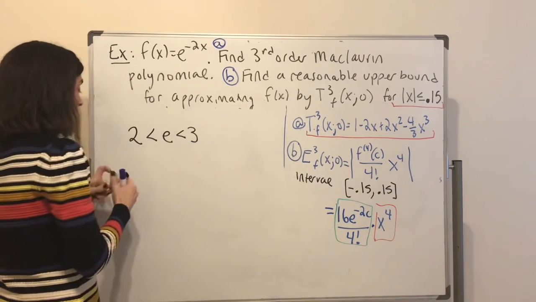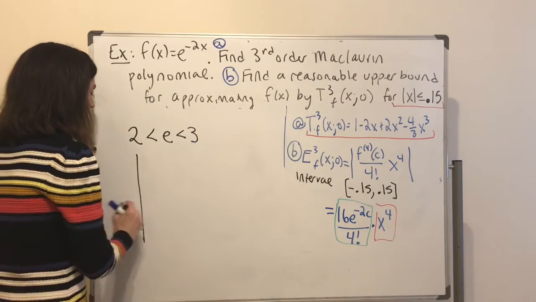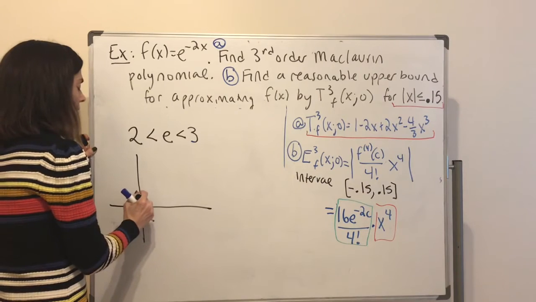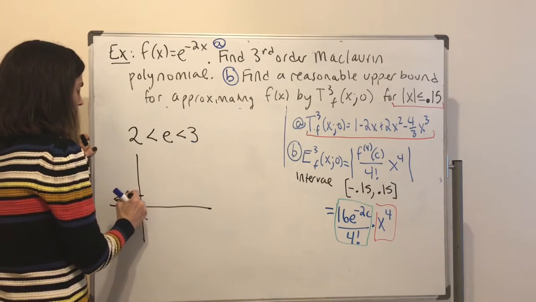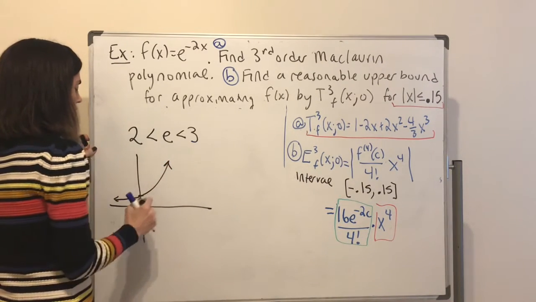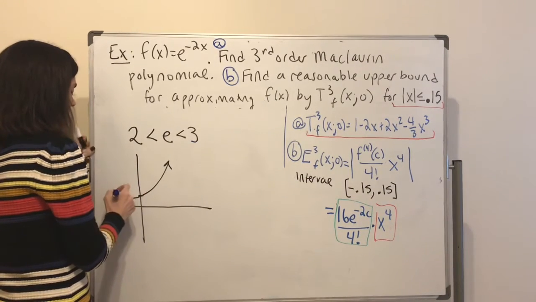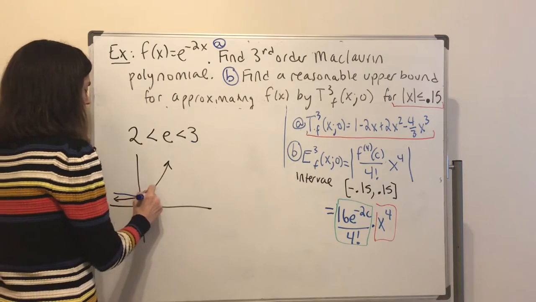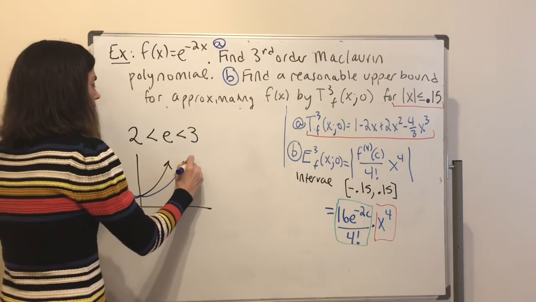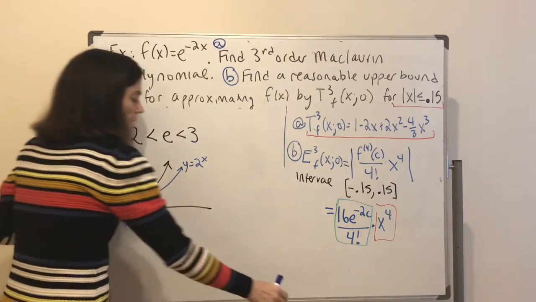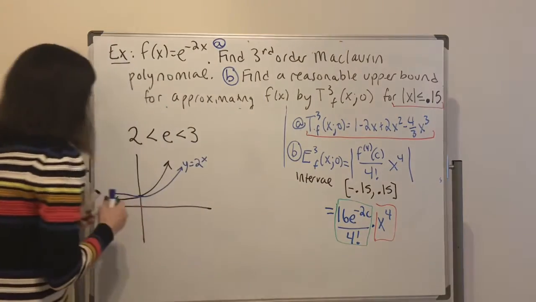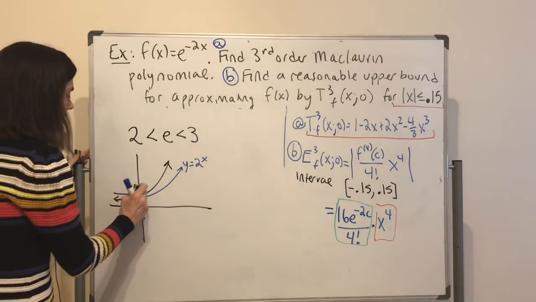And what do we know about the graph of any kind of exponential with base bigger than 1? It looks like this. Let's say 2 to the x would be here, and then 3 to the x would be here.